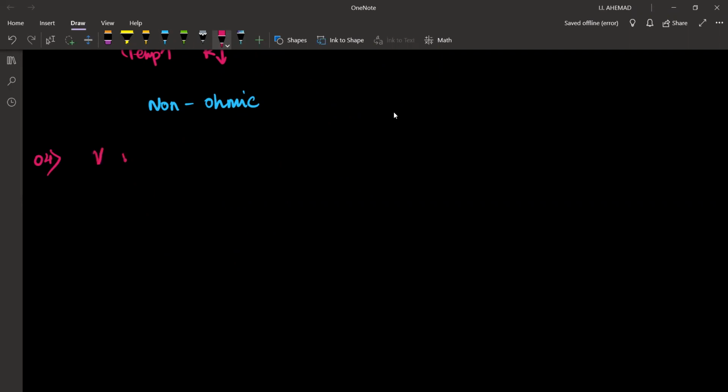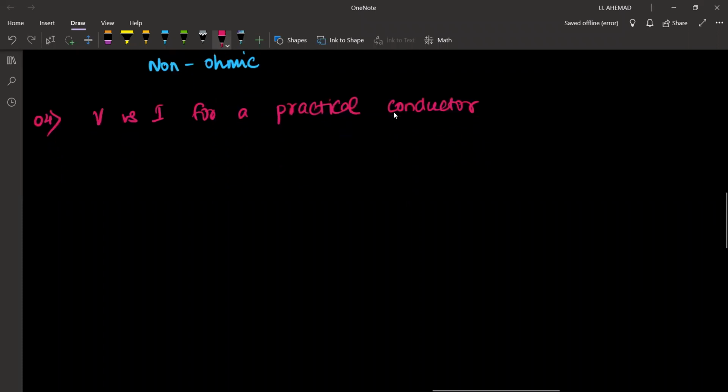Now let's draw the V versus I for a practical conductor. Normally for a conductor, the V versus I graph is just like this.